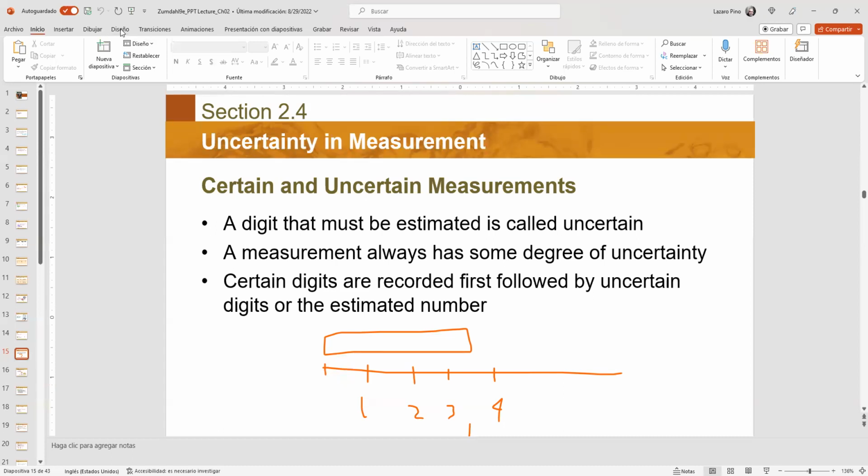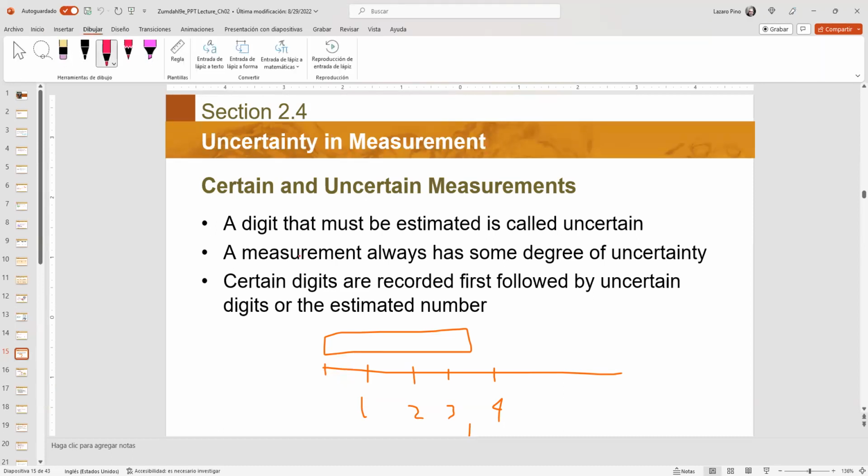Then the answer in this case will be 3.5. You are certain about the 3, but the 5 is estimated. Then you always estimate the last digit.